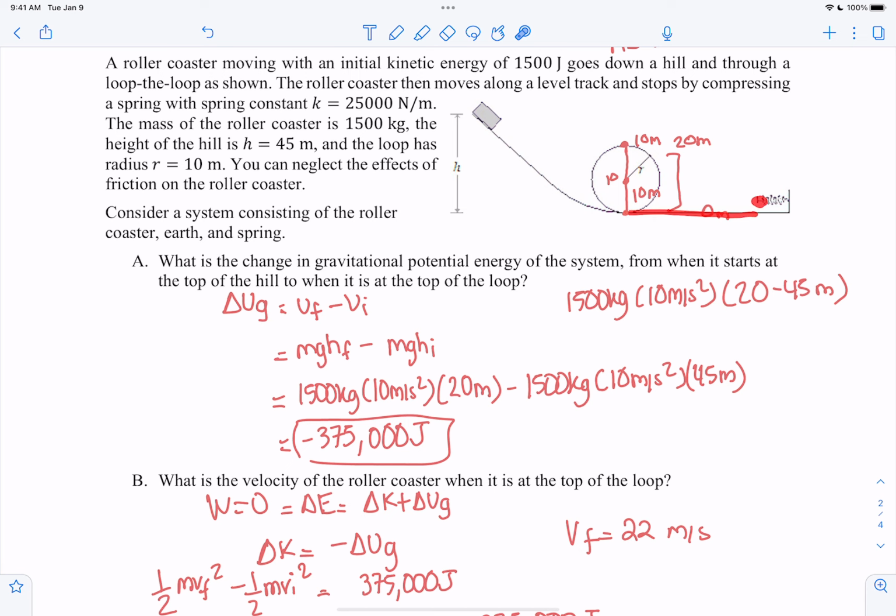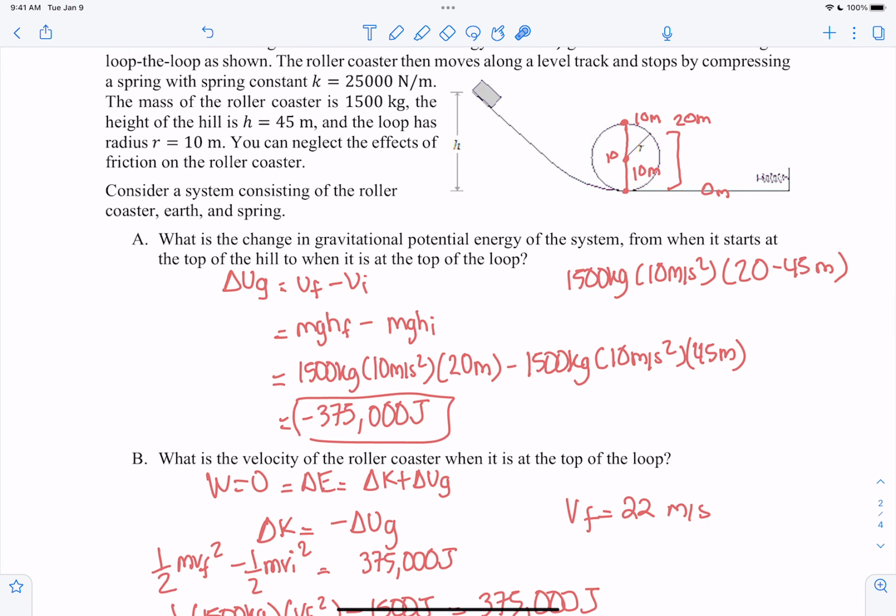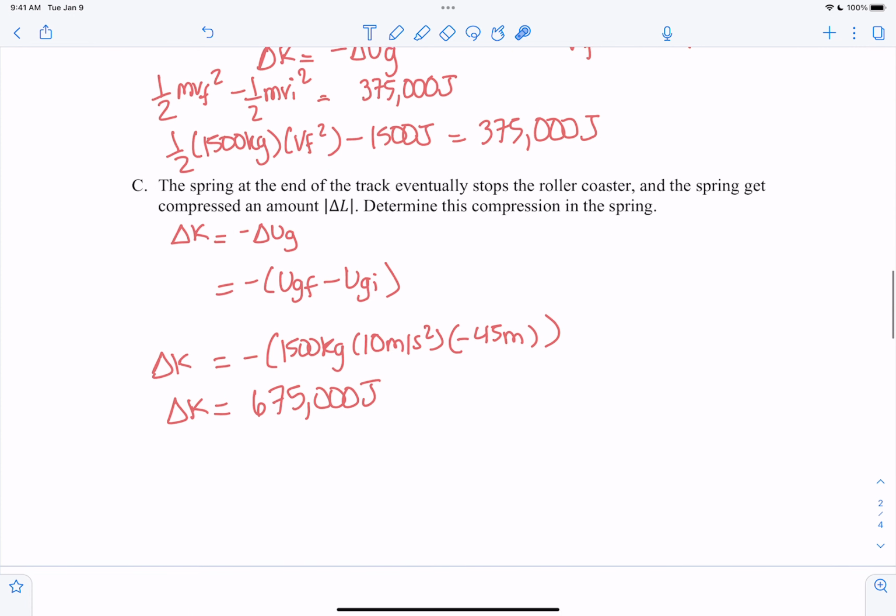Once we hit this spring, all of that kinetic energy, all of that speed that the roller coaster was traveling with, will get compressed to a certain amount that will give us a spring potential energy that is equal to the kinetic, right? So once I hit the spring, the decrease that I see in my kinetic energy is going to be equal to the increase that I see in my spring potential energy, right?